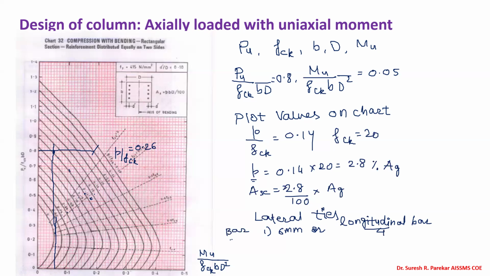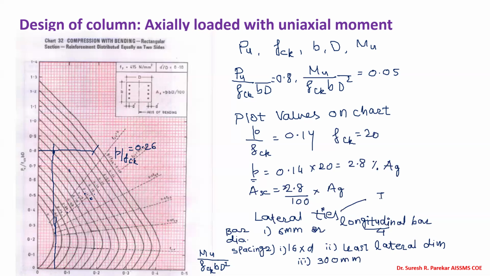And then for spacing we have 3 criteria. First, 16 into D, the diameter of bar. Second, the least lateral dimension, whichever is less. And third, we have 300. So likewise, you have to write the same steps in axially loaded also.